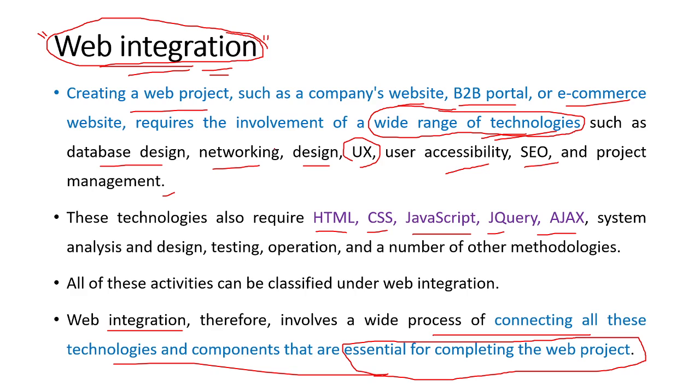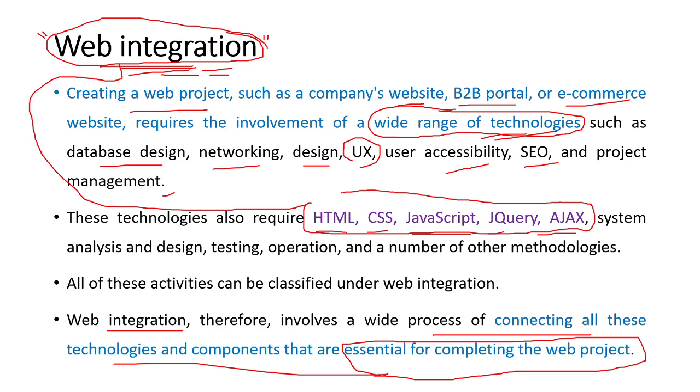That's why it is called web integration, or you can treat it as just a package which covers all these technologies or components, and this package can be used for creating a web project. Web project means it can be a website, or an e-commerce website, or a business to business portal, etc. and so on.